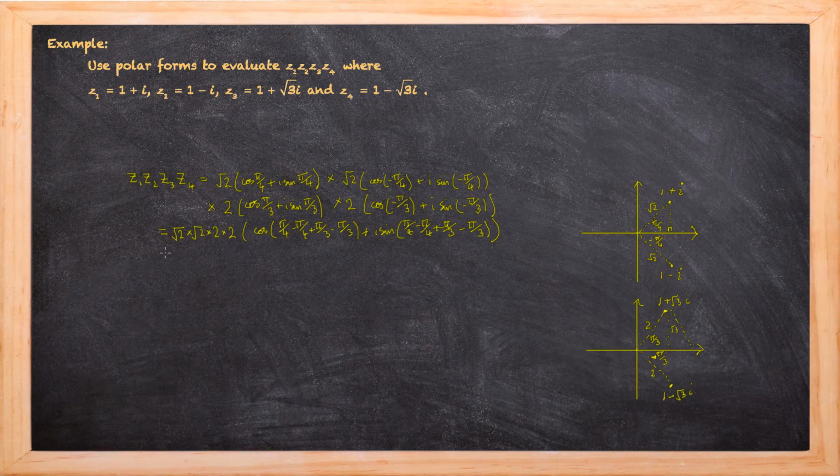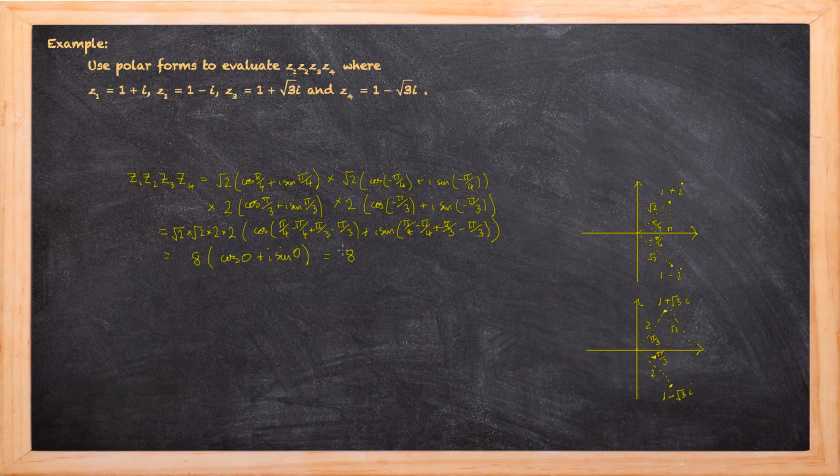So there we go. Root 2 times root 2 is 2, 2 times 2 times 2 is 8. And add up all these arguments and we get an argument of 0. And we know that cos 0 is 1 and sin 0 is 0. So that just gives us 8 for the final answer.